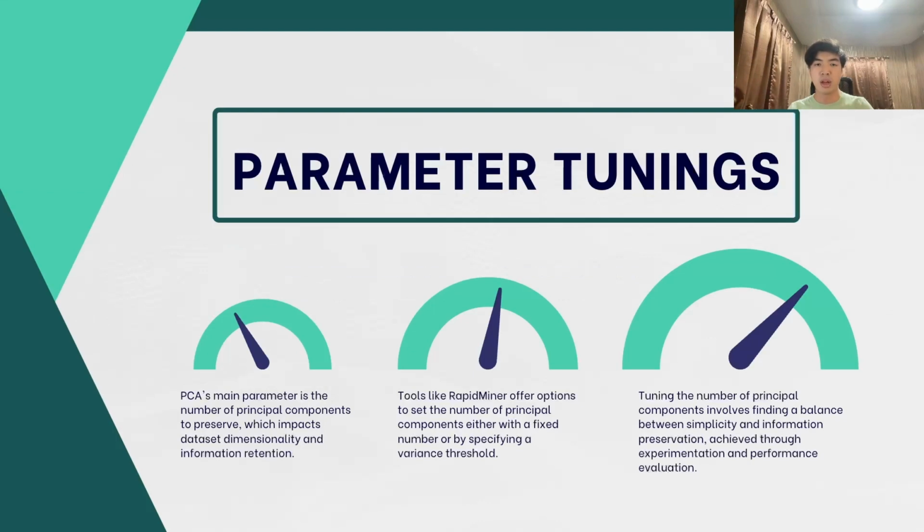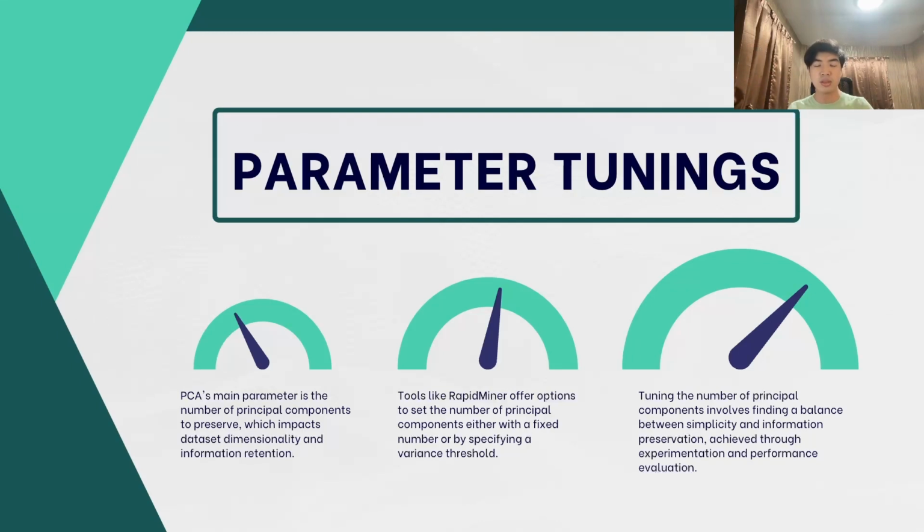Next, let's talk about how we can tune the parameter for PCA. PCA usually has one main parameter, which is the number of principal components to preserve, which impacts the dataset dimensionality and information retention. Tools like RapidMiner offer options to set the number of principal components either with a fixed number or by specifying a variance threshold.